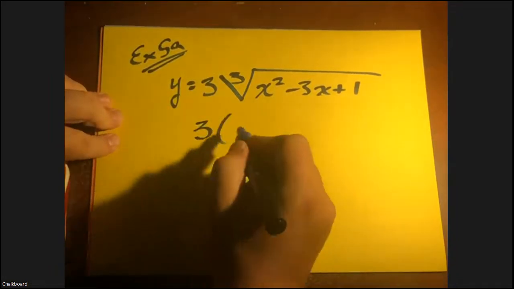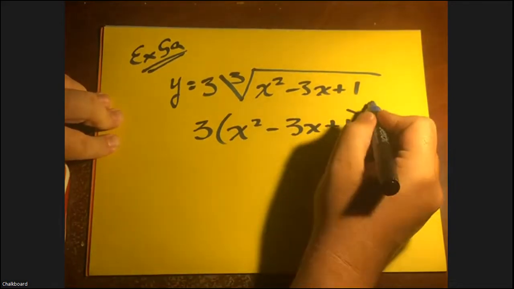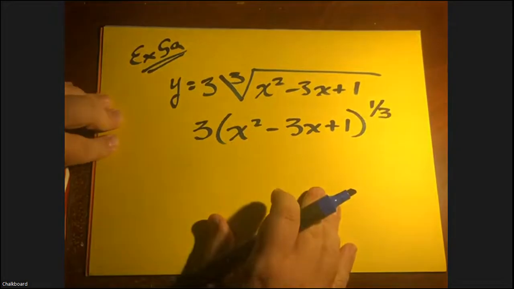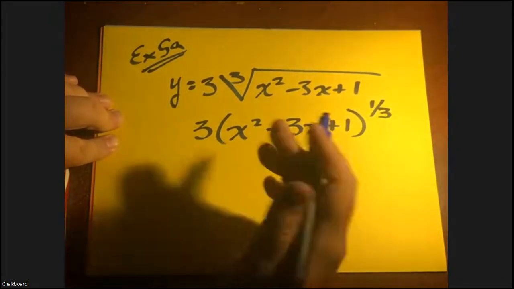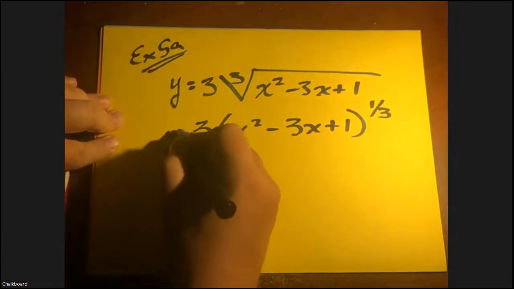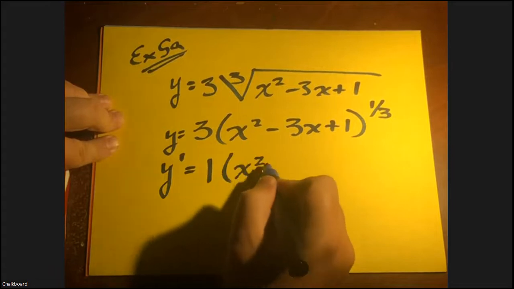It's 3 times, of course, that expression to the 1/3, right? All right, so if the cloud was the parentheses, 1/3 times 3 is just 1. So y prime would start with just a 1, and then it would be that whole expression again.